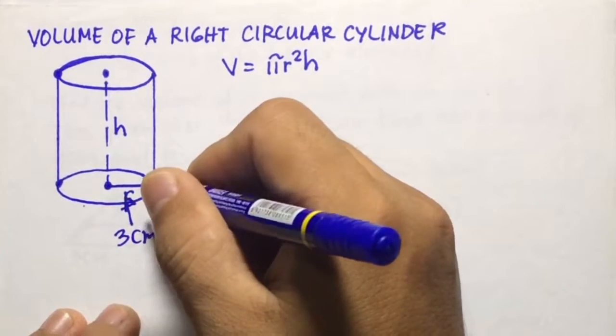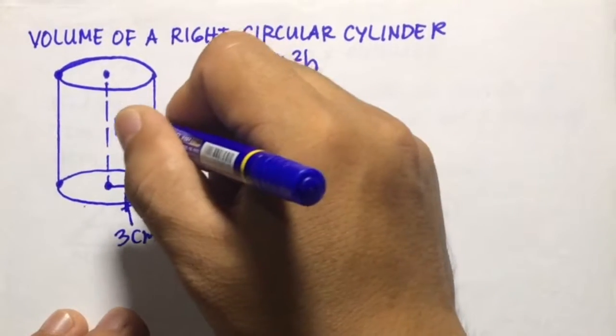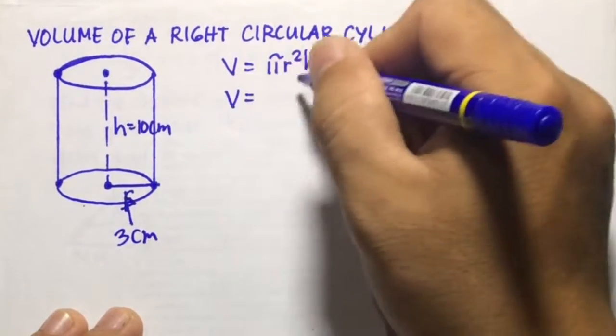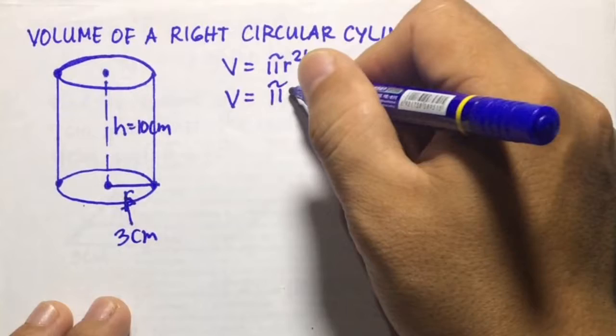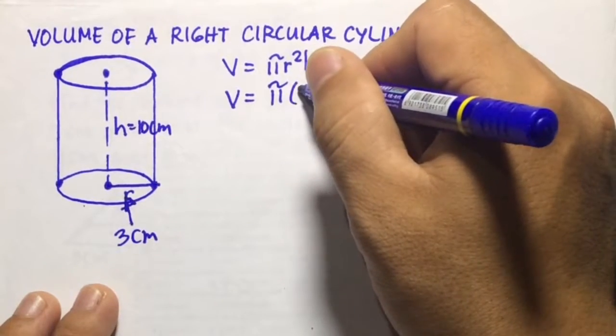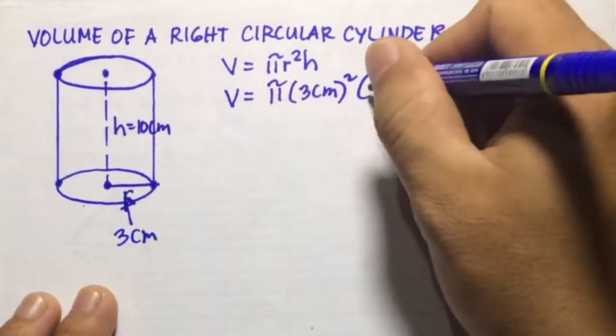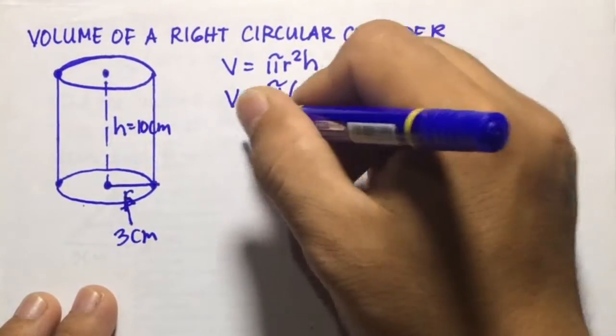and the height is equivalent to 10 centimeters, which is 10 here, we can have the volume as V equals pi, then r squared. So we're going to have 3 centimeters squared times the height, which is 10 centimeters.